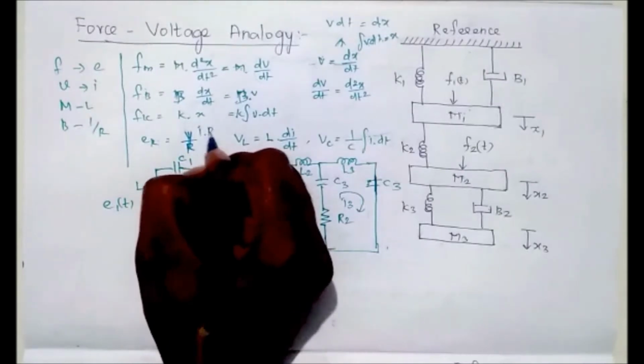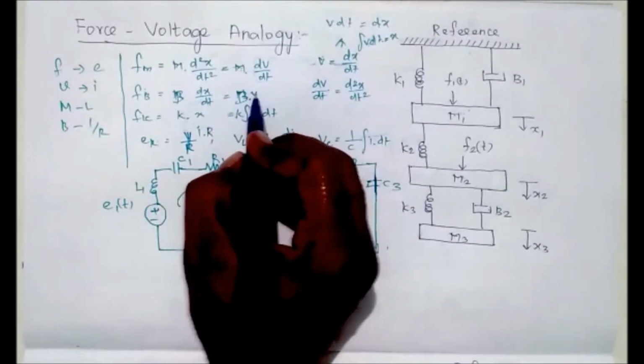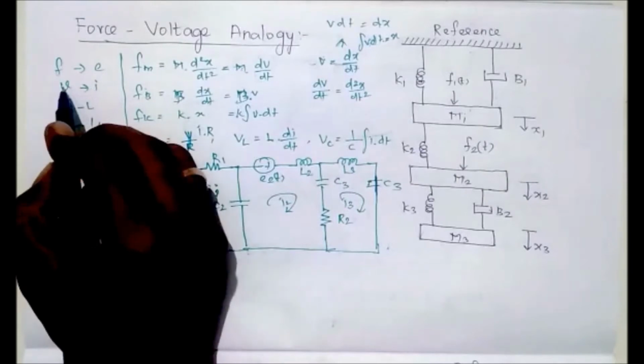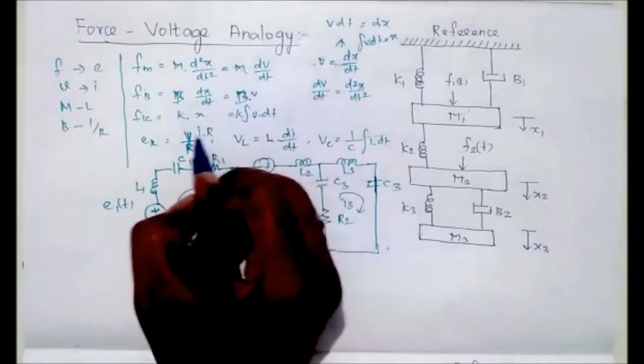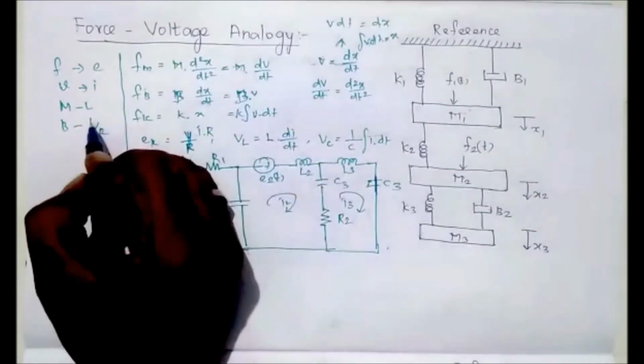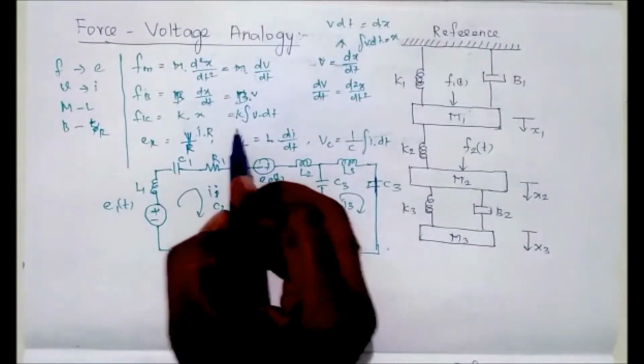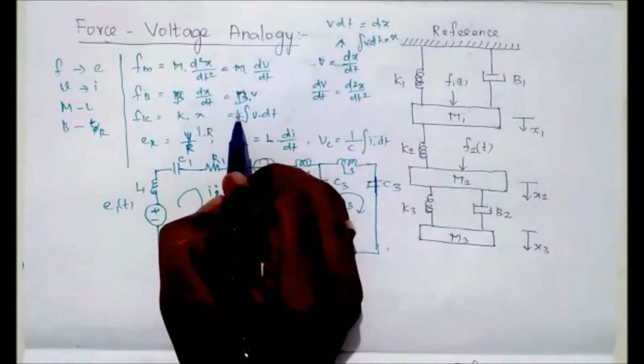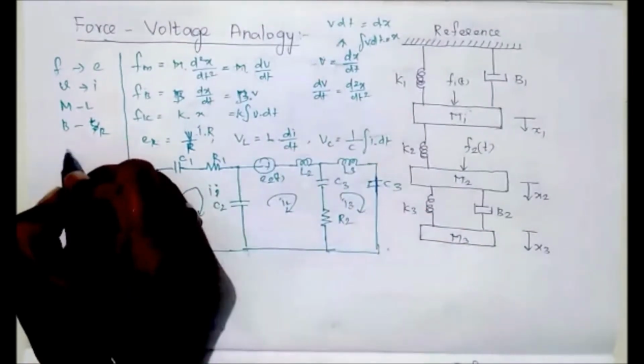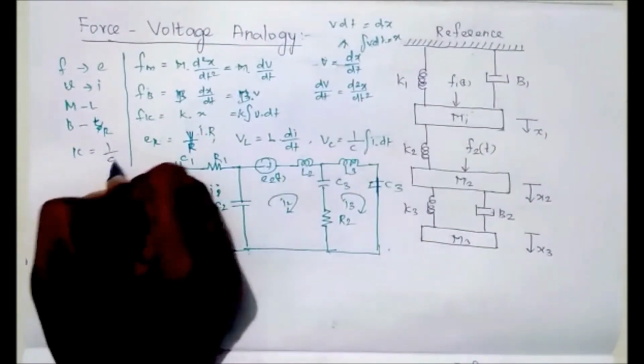According to Ohm's law, voltage is I into R, and velocity corresponds to current, therefore B equals R. Next, K corresponds to 1 by C, so K equals 1 by C.